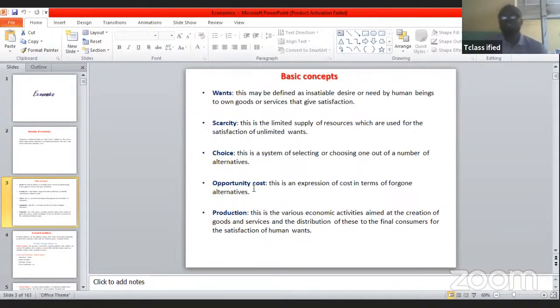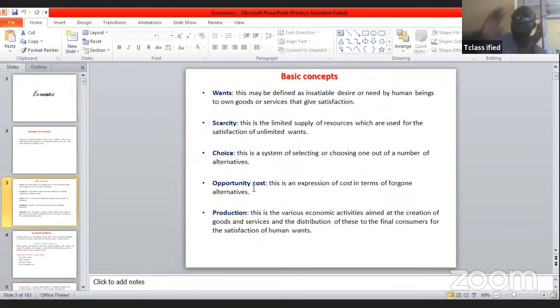So let's move to the next concept, choice. Choice is simply a system of selecting or choosing one out of a number of alternatives. Because the resources that you use in satisfying your wants are limited, you need to choose the ones to satisfy at a time. Let's say you need a book as a student, you need a biro, you also need a calculator, and you have only 100 naira.